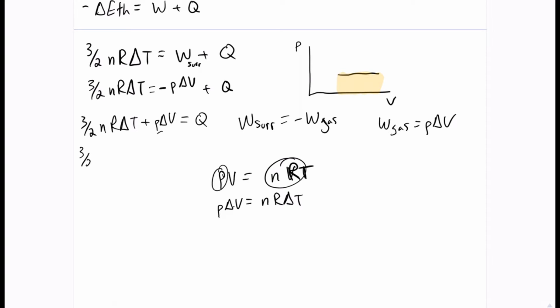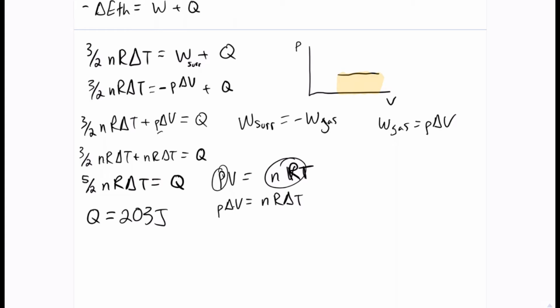So now, for our expression for Q, we have P delta V equals nR delta T, plus 3/2 nR delta T equals Q. So 3/2 nR delta T plus nR delta T, or 2/2 nR delta T, is going to give us 5/2 nR delta T equals Q. So we can plug in the relevant numbers, and we're going to get a Q of something like 203 joules.